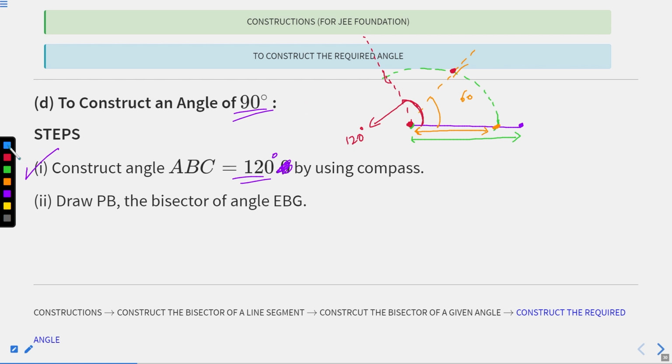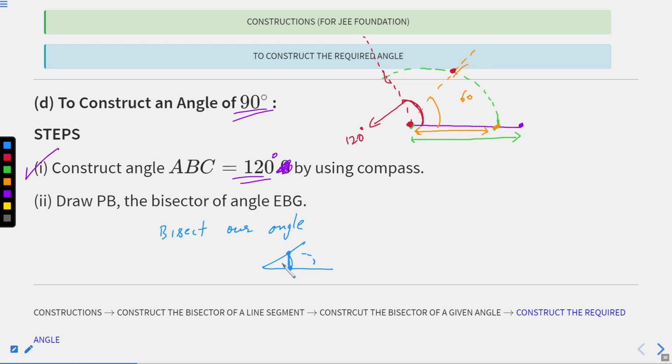In order to bisect our angle, let me recall you. So we are given like this. We just take this as our center, mark an arc like this, taking more than half of the length of this.